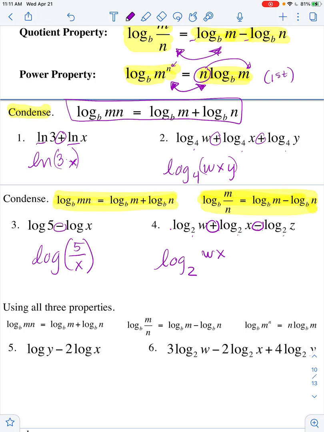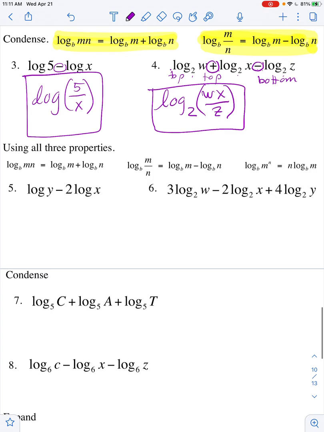But this is subtraction telling me that this part's going to go onto the bottom. These are both going on the top because each one is positive or added. This one's going into the bottom because it was subtracted, therefore divided. And then I do like to put the parentheses around because it gets kind of messy and hard to see what is base and what is on top and what is on the bottom and so on.